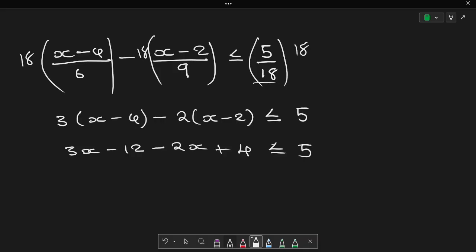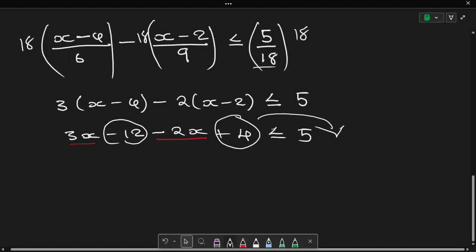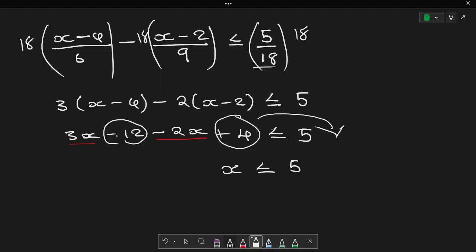I hope we are moving together and you've understood what I just did. We can move these to the other side and remain with this. If we subtract 2x from 3x, we're just going to remain with x. So x is less than or equal to 5, and when negative 12 goes to the other side, it will be plus 12.